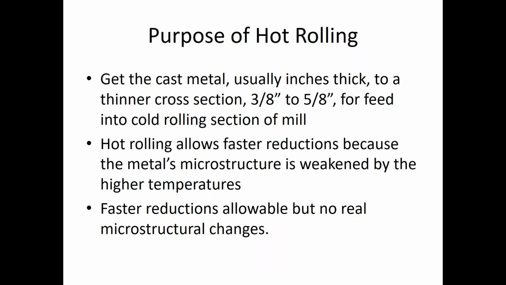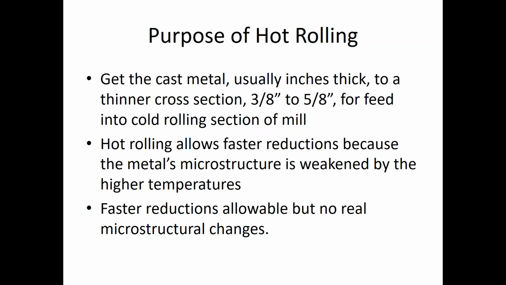The slabs or cakes are cut into shorter lengths for ease of processing generally. You want to roll this down to about a 3/8 to 5/8 inch thickness, usually 3/8, for feed into the cold rolling section of the mill.